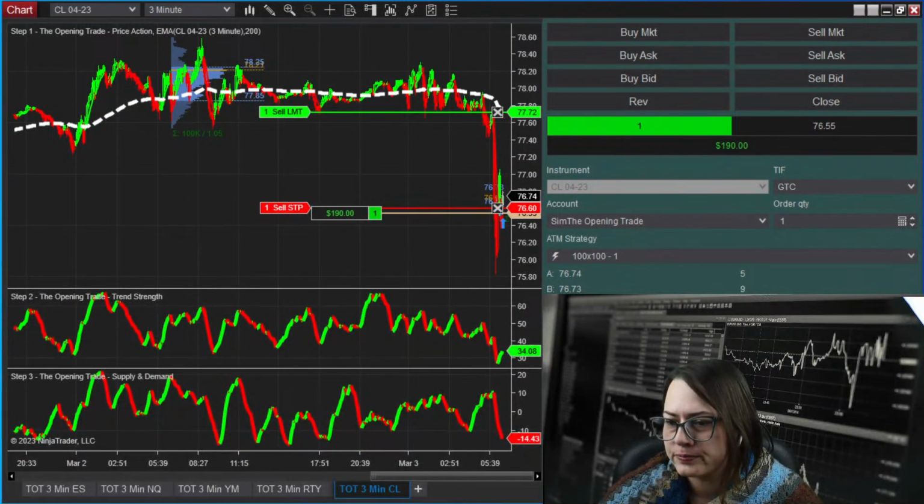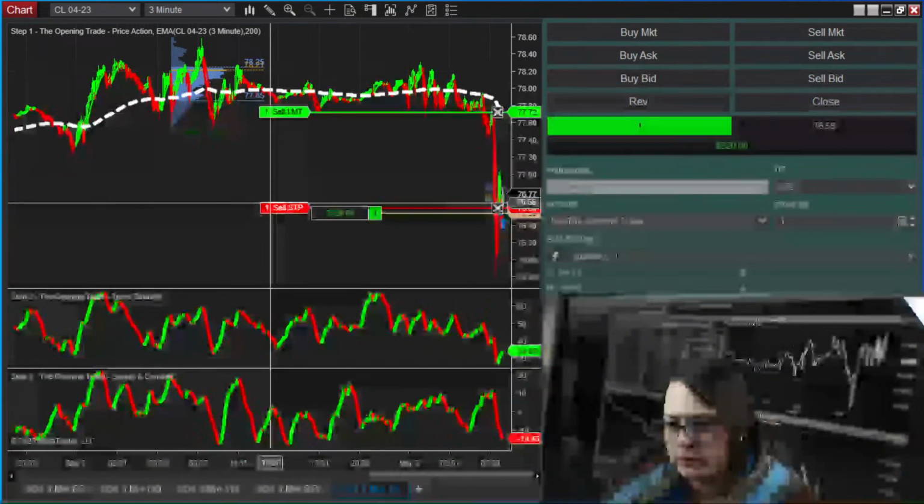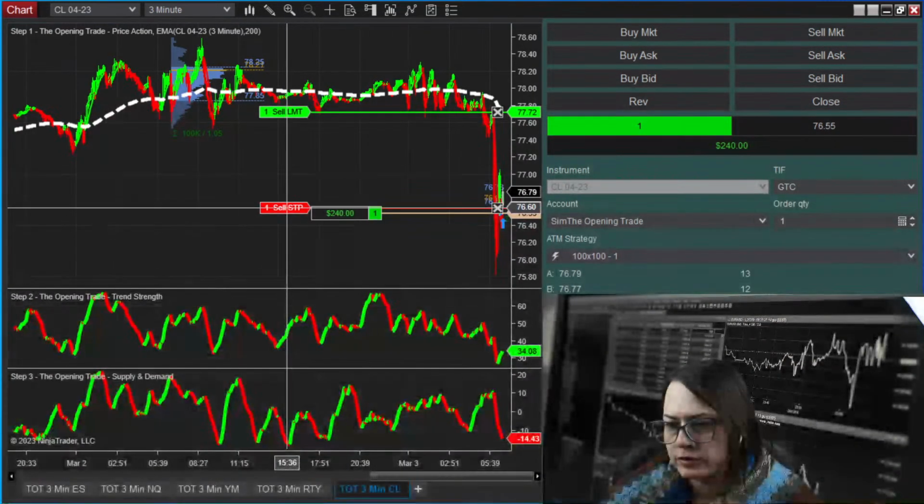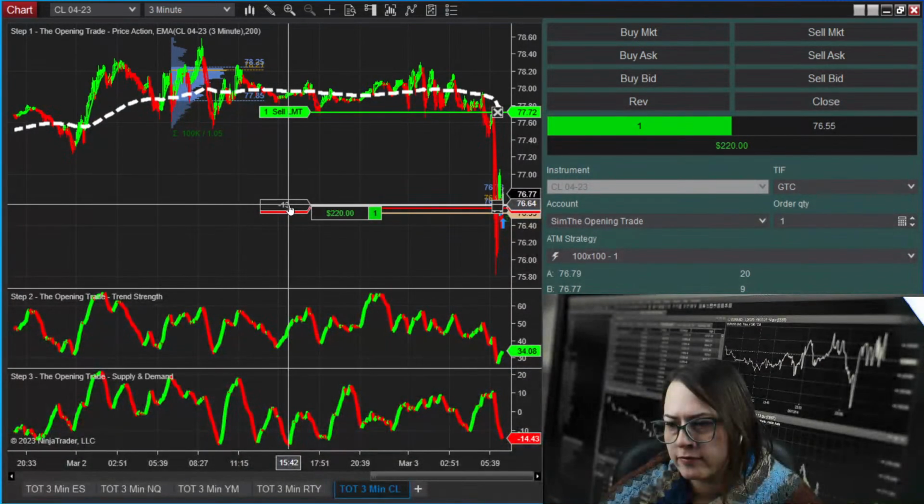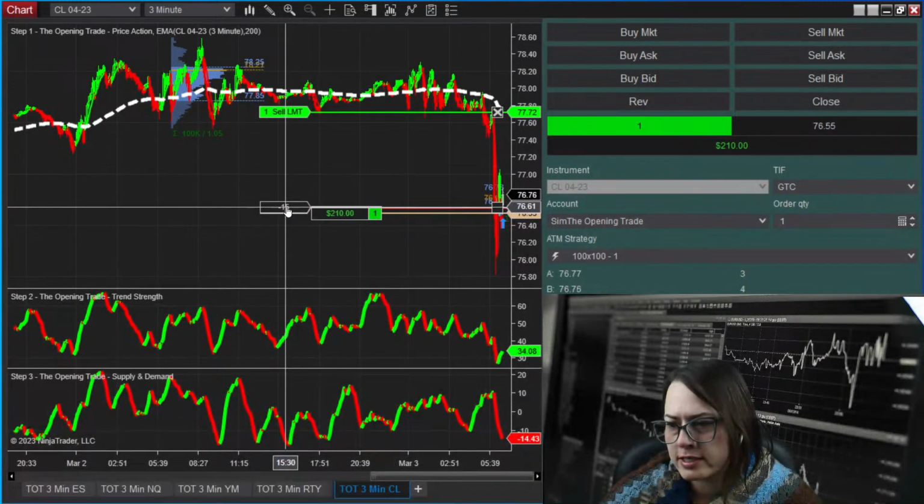All right, so what I'm trying to do is I just want to be behind the market by 15 cents. So I'm going to probably move it up here in just a second. So I'm going to move it up to 76.65 if I can, because it hit 76.80.